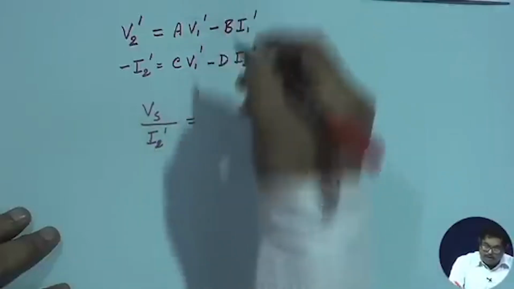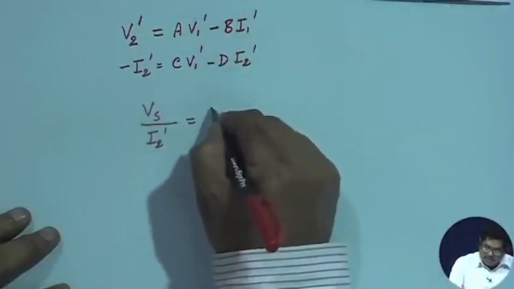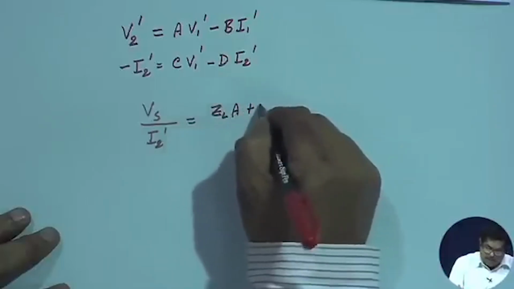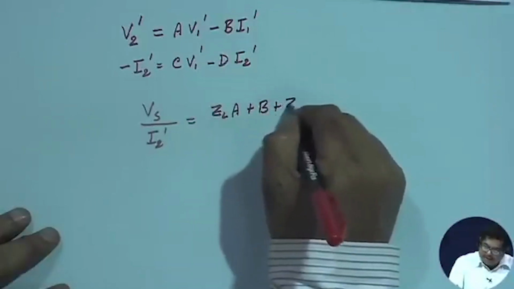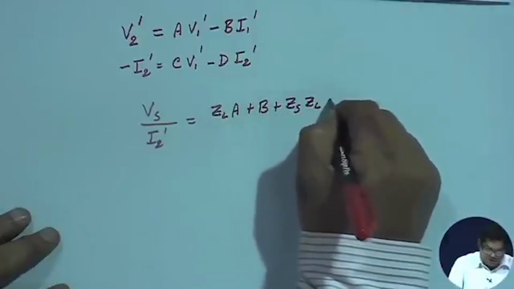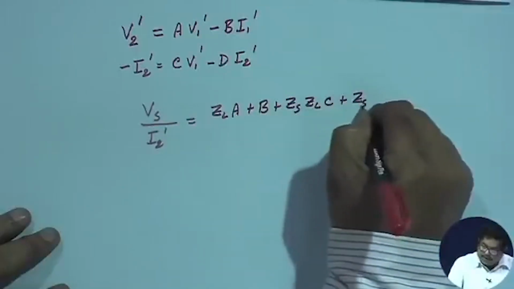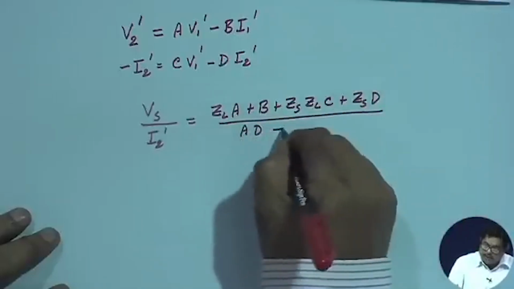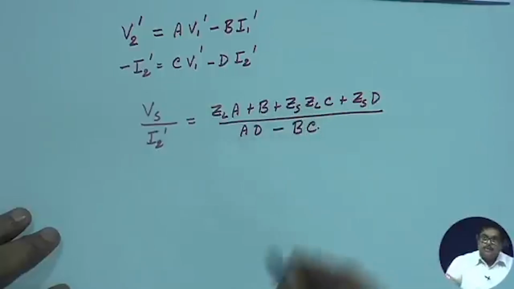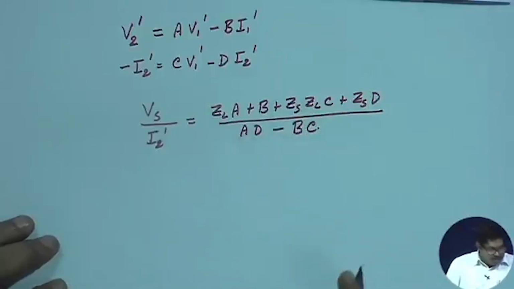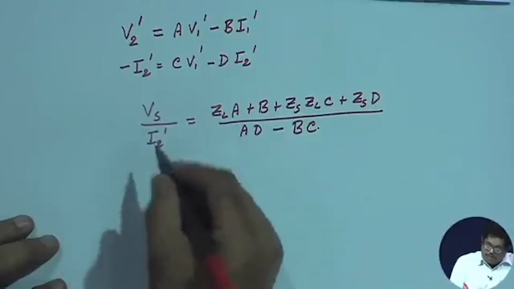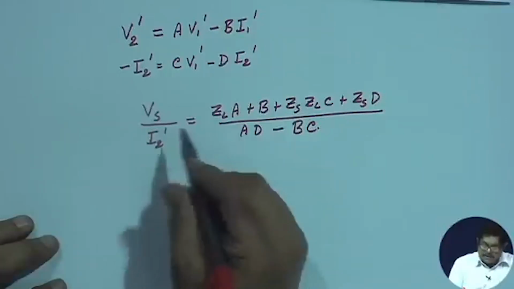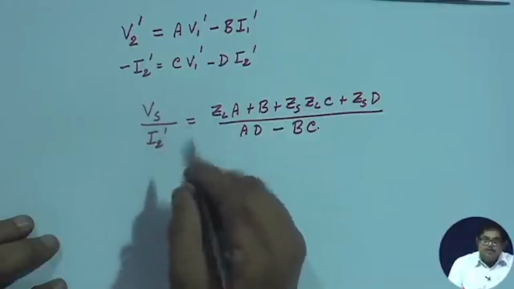By simple manipulation, you get (ZL A plus B plus ZS ZL C plus ZS D) by (AD minus BC). I have earlier got Vs by I1 dashed, now I got Vs by I2 dashed.